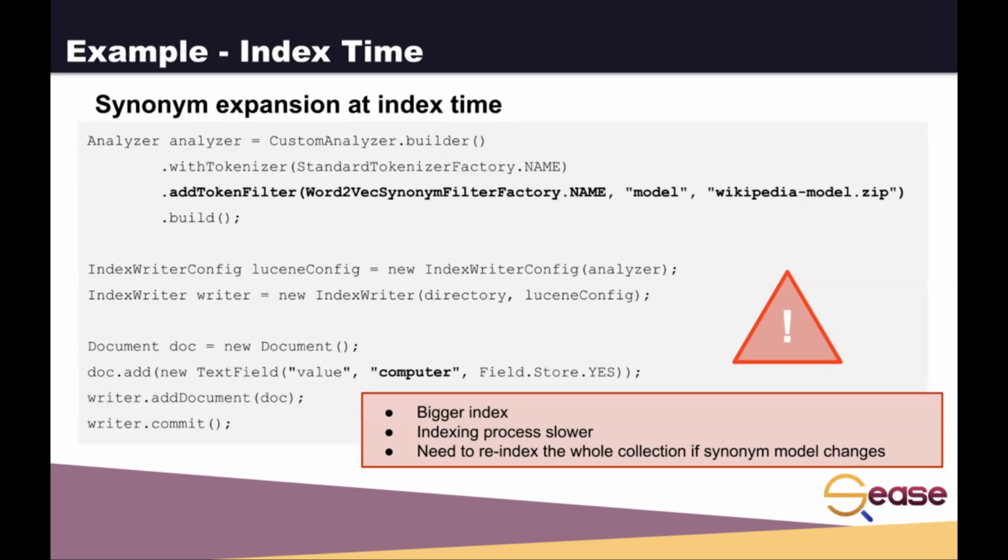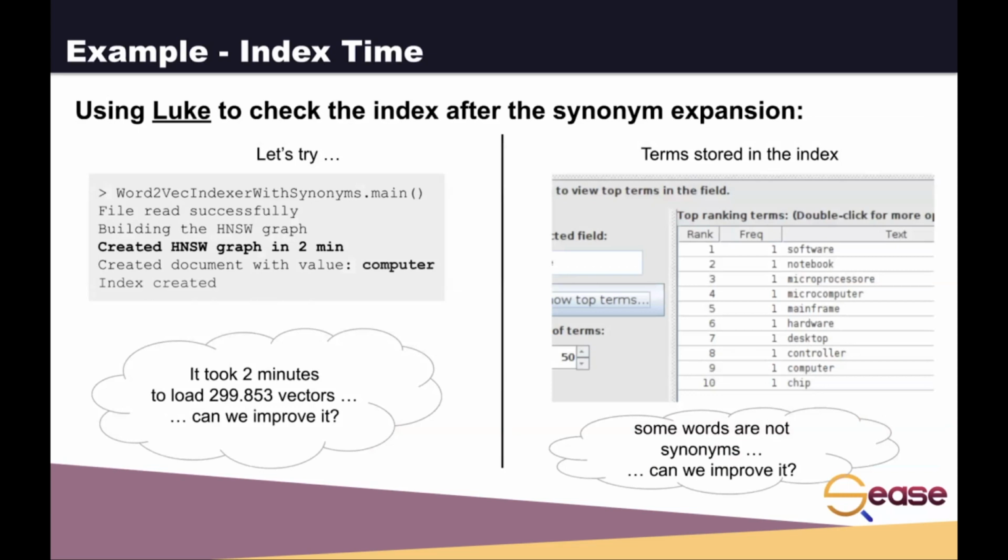We committed this document and we opened it using Luke just to see what is stored in the Lucene index, and we saw the 10 words we've seen before. This is important because we want to see that the synonym expansion works also at index time.